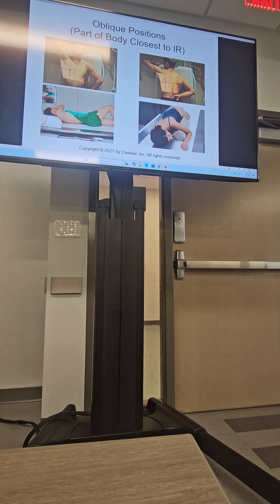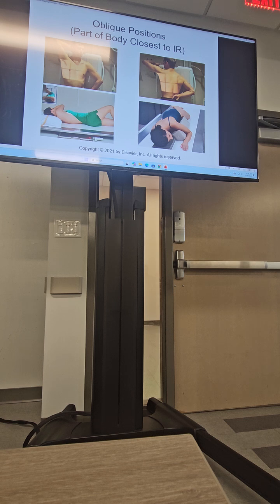Now you see there are different ways the obliques are represented here. The patient can be standing like this, or like this, or like this. So how do we describe those obliques? Again, we're talking about positions. Position is always about the position of the body parts in relationship to the image receptor.